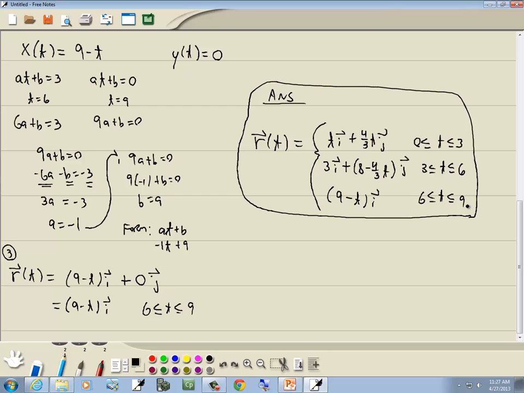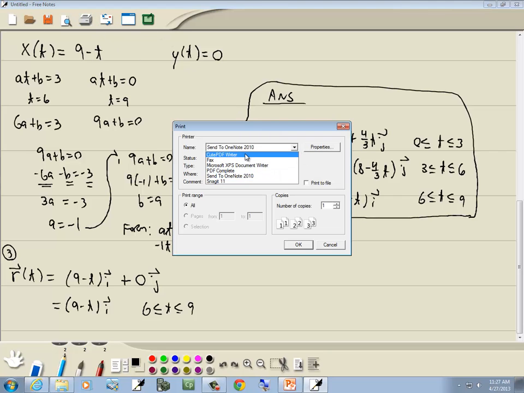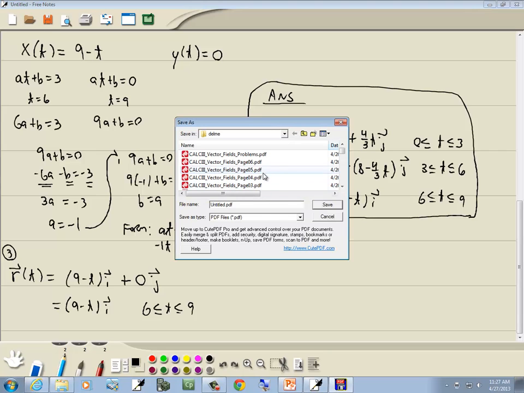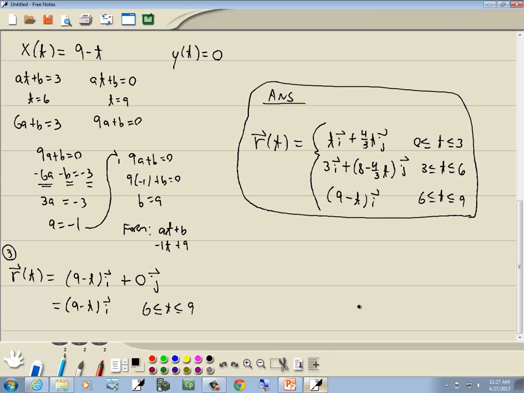Kind of the hard problem of this section is to do this parameterization. I'm going to go ahead and save this page. Now, one thing I will point out is I got a piece of paper here where I already worked the problem.